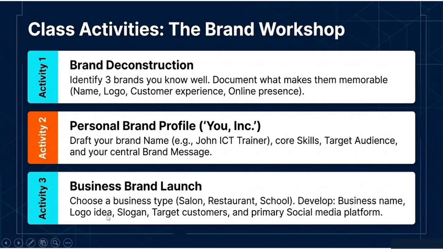Think about a logo idea for that business. Think about a slogan. Think about the target customers. And then the primary social media platform. Which social media platform are you planning to use as a platform where you can market your business from?